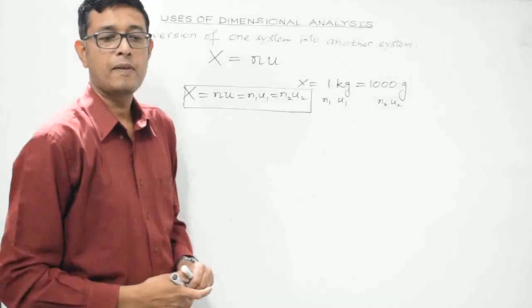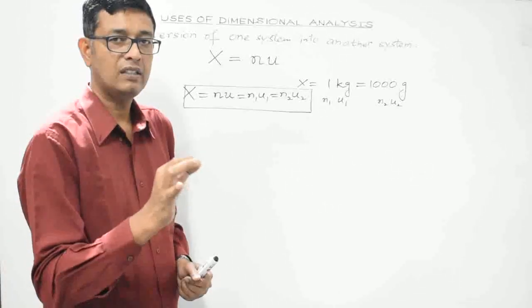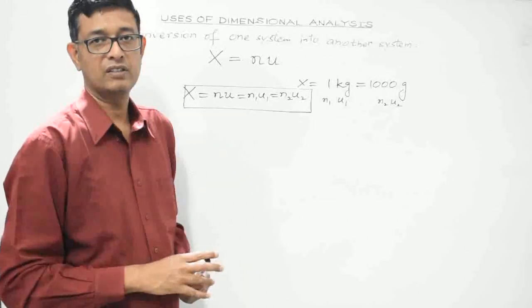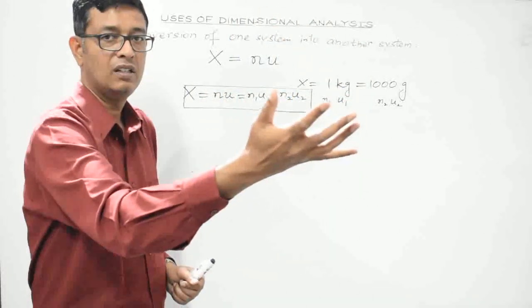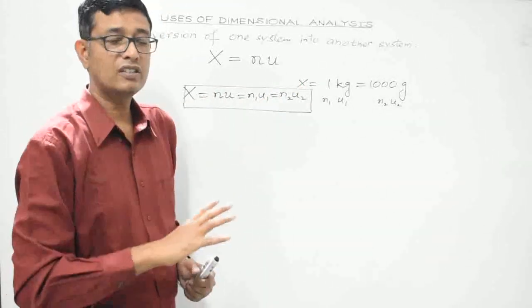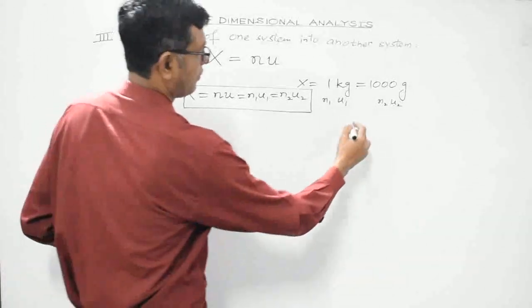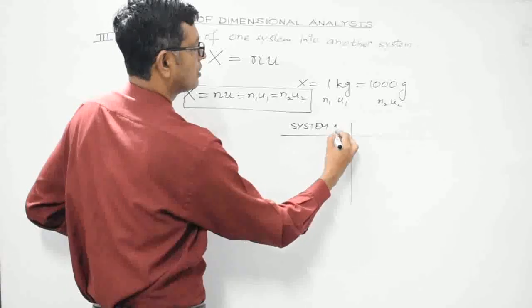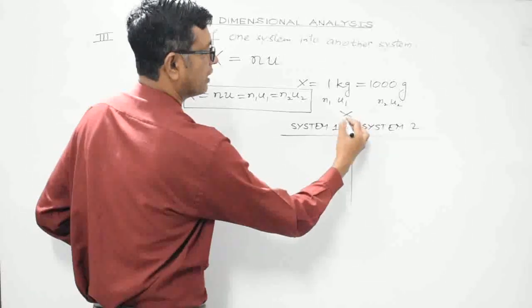Now suppose this physical quantity has the dimensions of A, B and C in the basic units of mass, length and time respectively. Whether we consider one system or the other system or a third system, the dimensions of a physical quantity in all the systems will remain same. It's the numerical value which will change. Let us consider this to be system 1 and this to be system 2. Here a physical quantity x is given.